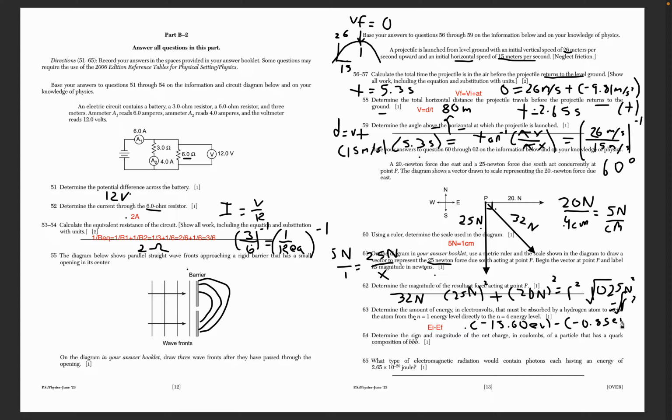And you can use the absolute value. It doesn't matter if it gives you a negative answer, positive or negative. Then you just add these. So negative 13.60 plus 0.85 electron volts will give you 12.75 electron volts.